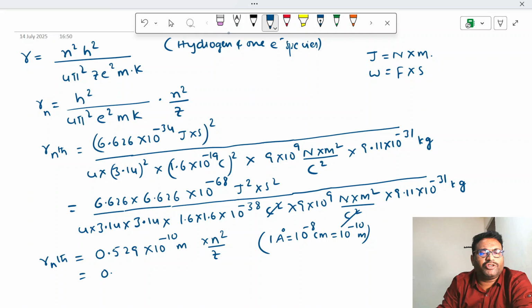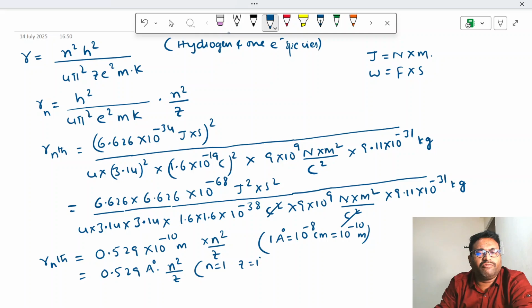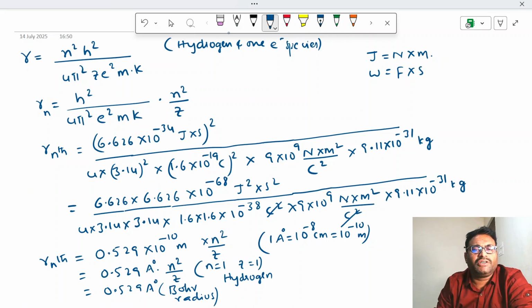Then I can write 0.529 angstrom units into n square by Z. So if n is equal to 1 and Z is equal to 1, that means hydrogen, this is equal to 0.529 angstrom units, which is called as Bohr's radius.